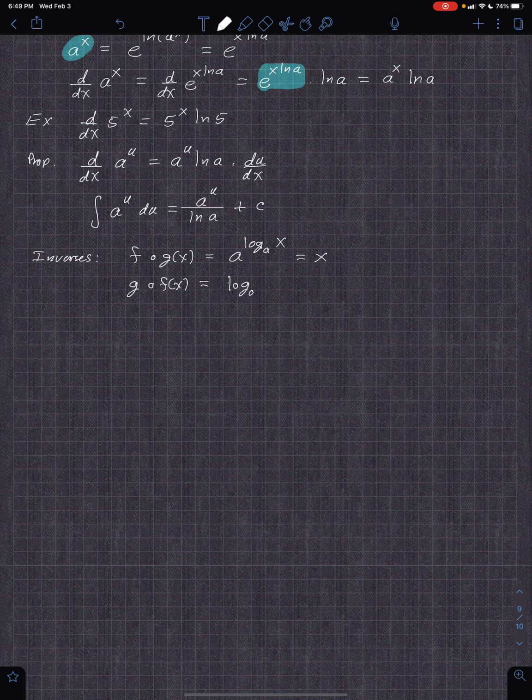And then log base a of a to the x is just x. So a lot of this, of course, you've all seen with exponentials and logarithms, but now we're defining it the calculus way. It's really the better way so that everything matches when we go forward.